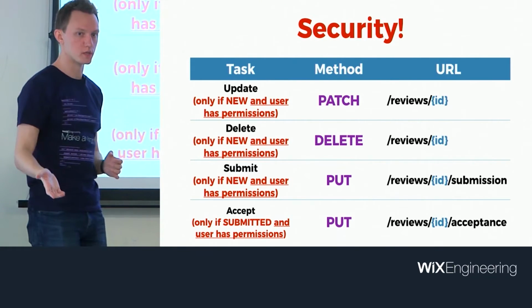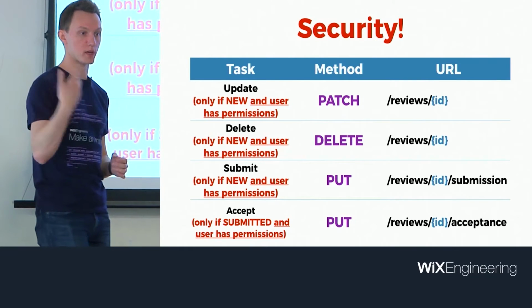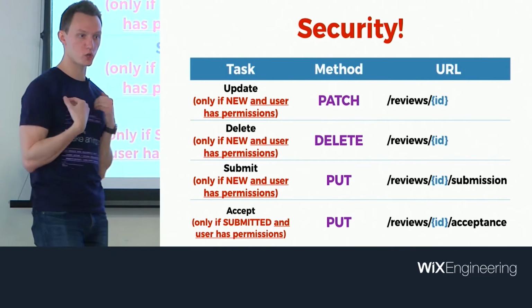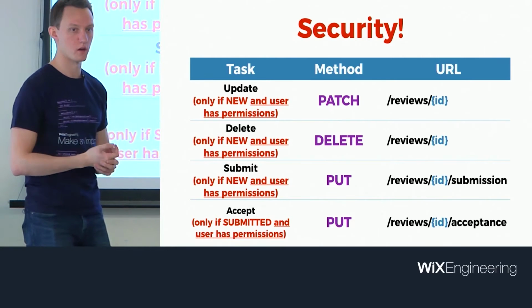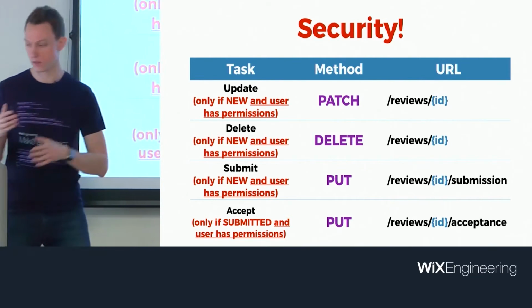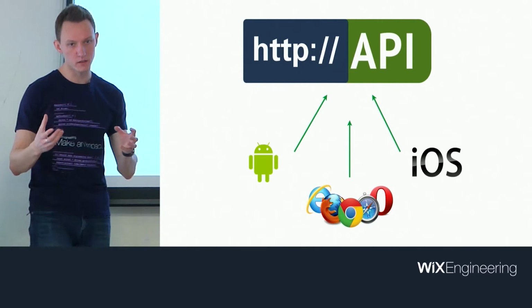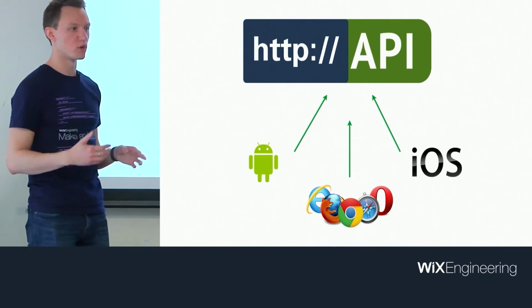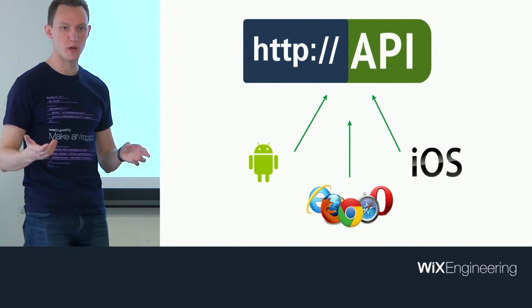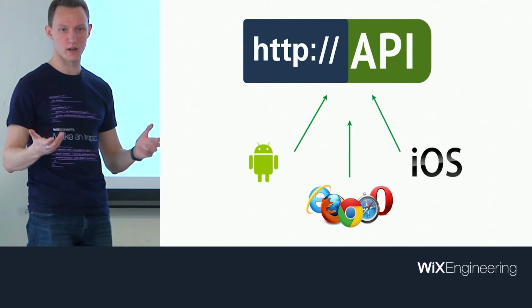Only the reviewers have to be able to accept, right? Only I should be able to change my review and stuff like that. So when you add this up, and multiply it by the number of clients, what I like to say is, if you're really successful as a platform, you are not controlling your clients.